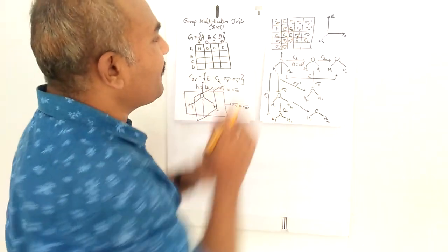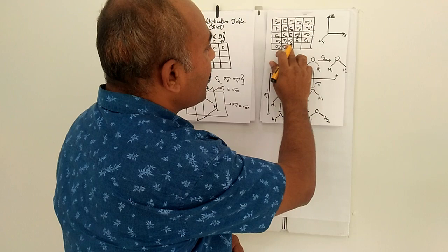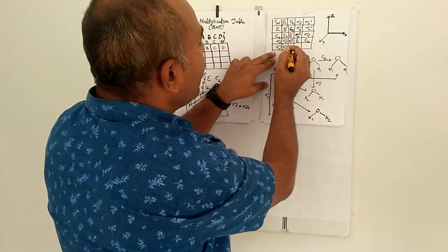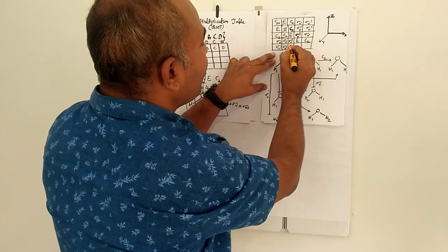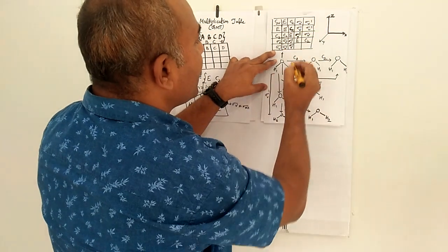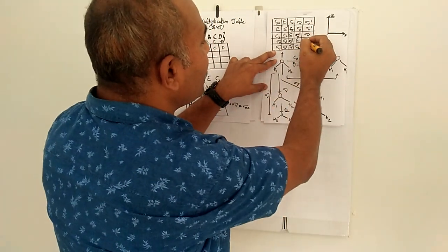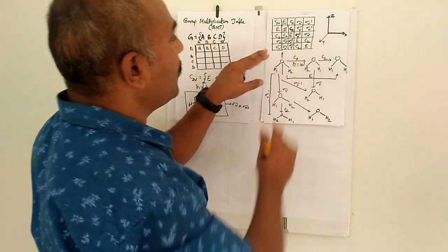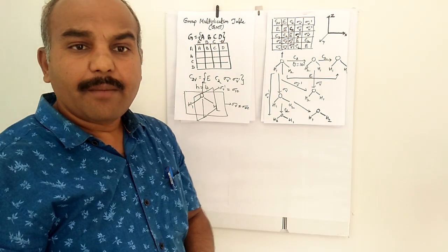Once this many elements are filled, leaving the last row, it is very easy to fill up the last row. Since these 3 elements are already in the second column, the element left here is sigma V, so you can fill in sigma V here. Here the left element is C2. The element left in the last box is the identity element E. So this is the group multiplication table, GMT, for the C2V point group.